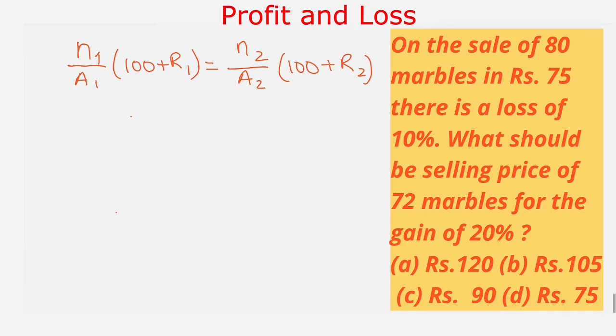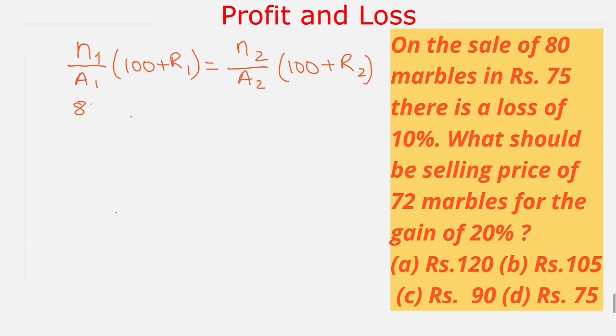Here N1 is the number of articles sold in amount A1 with a profit of R1% and N2 is the number of articles sold in amount A2 with R2% profit. Here we put the values as per this question. Here N1 is given to us as 80 marbles.